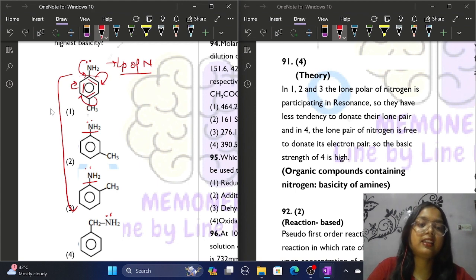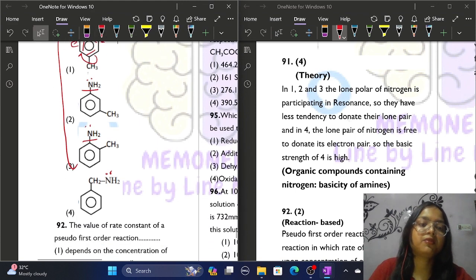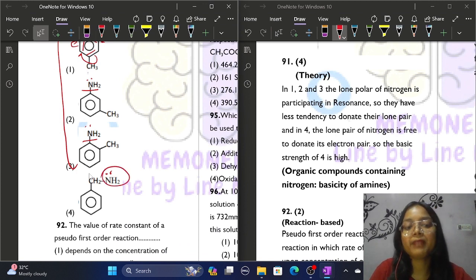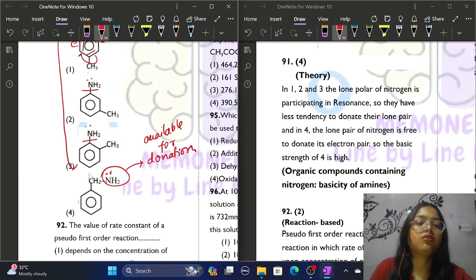But in option number 4, this nitrogen is not bonded to the benzene ring. So its lone pair is available for donation, right? So option 4 is the correct option. It will have the highest basicity.